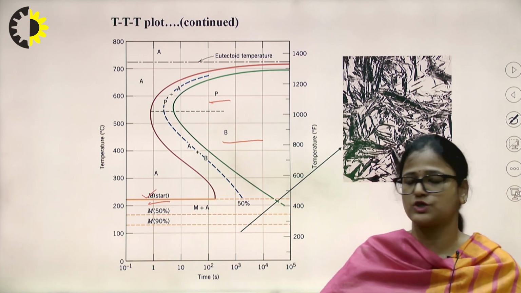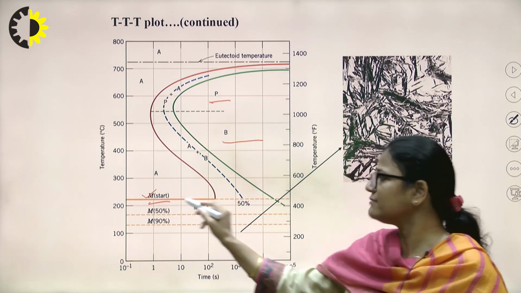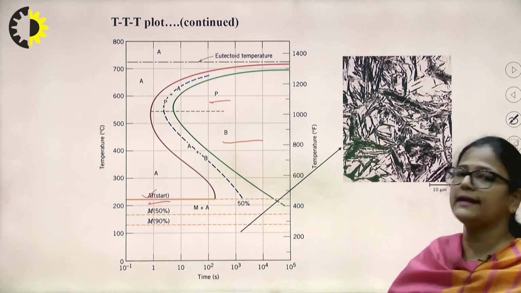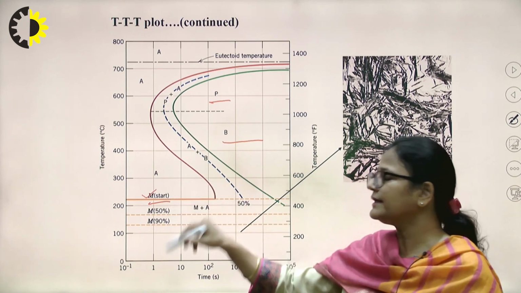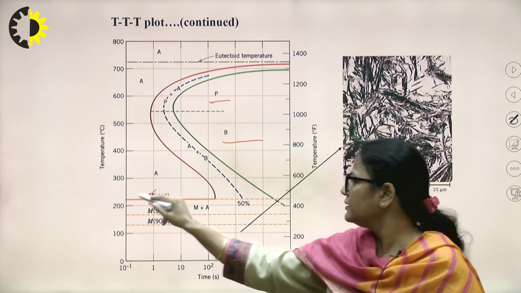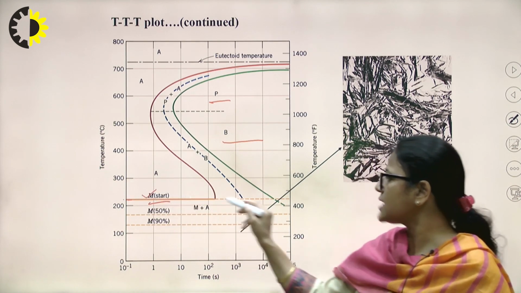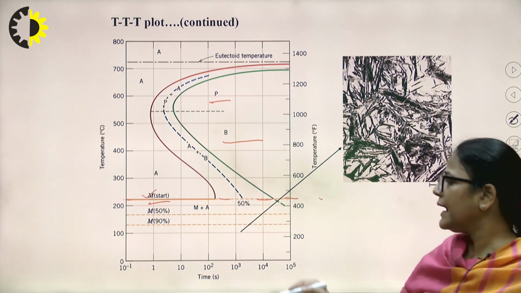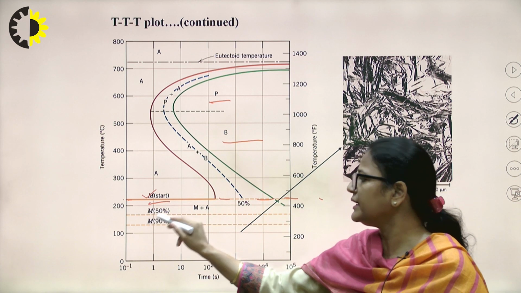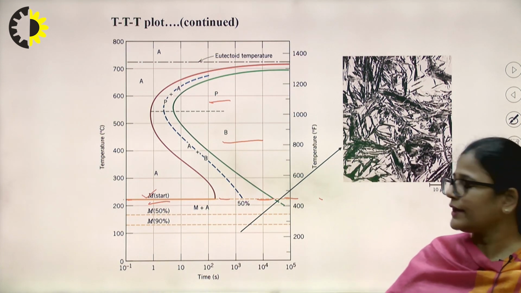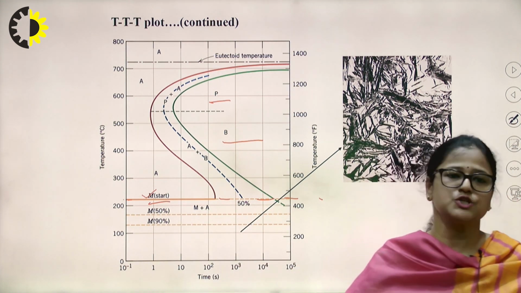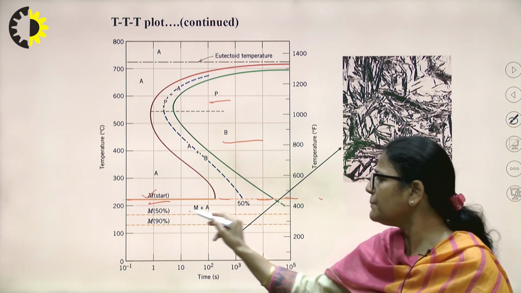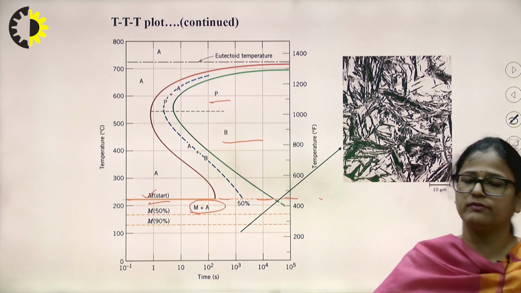the austenite temperature. So at 227 degrees centigrade, this horizontal line represents the martensite start line. So austenite will directly convert into martensite, and this is the martensite start line at which martensite begins to form, and these two lines, M50 and M90, show the transformation completion of martensite from austenite, and both martensite and austenite will coexist here.